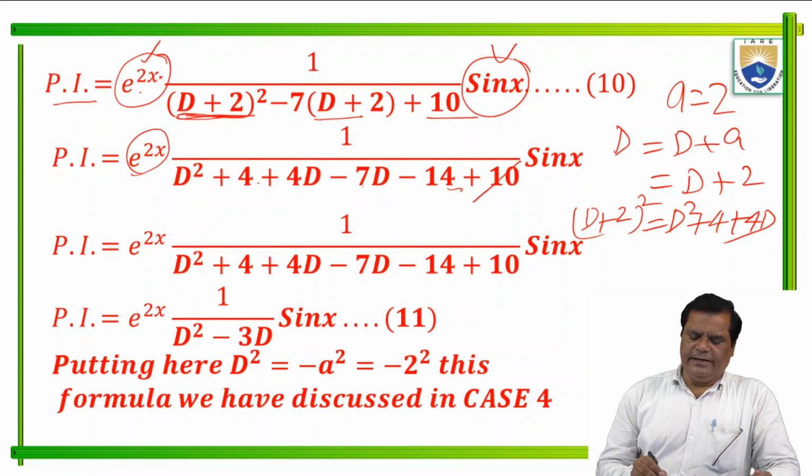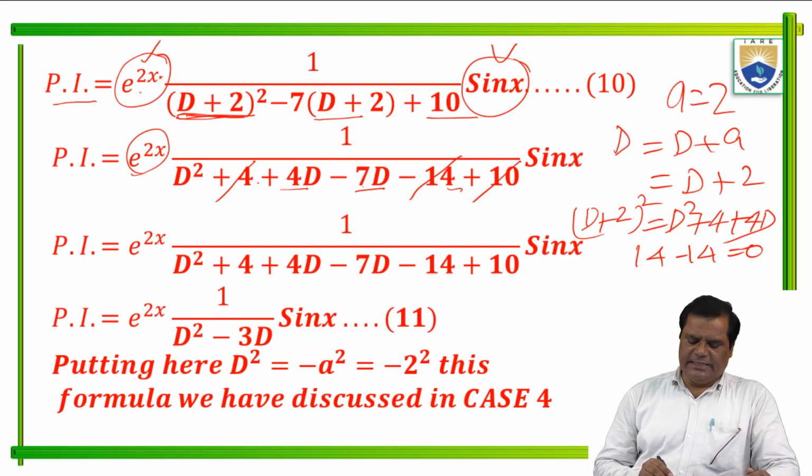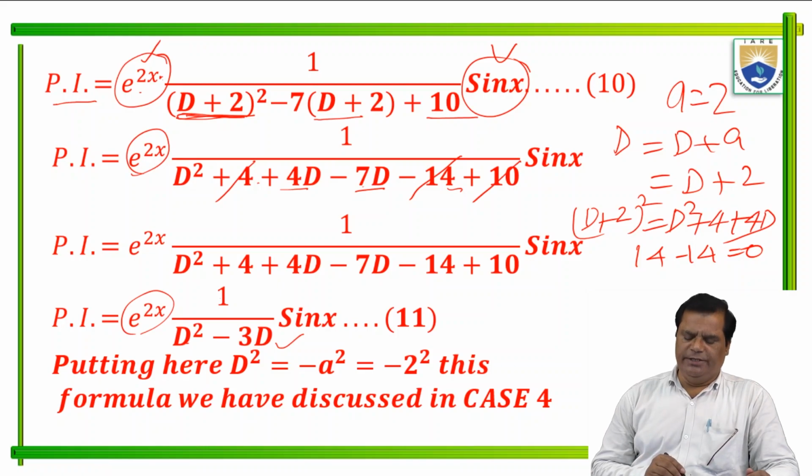Plus 10 and plus 4 make 14, which is cancelled by minus 14. 14 minus 14 is equal to 0. So 7D minus 4D gives minus 3D. At last I am finding e to the power 2x times 1 upon D squared minus 3D into sin x. This is equation number 11.